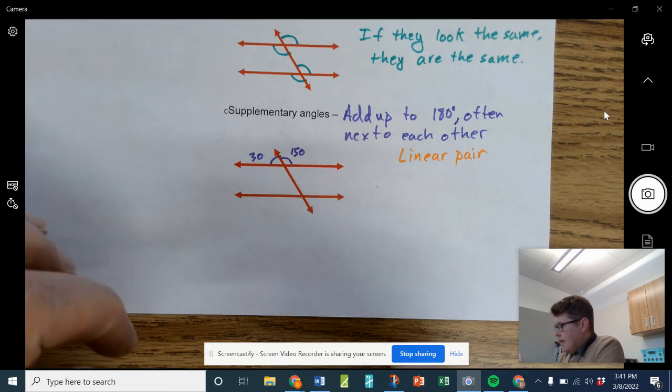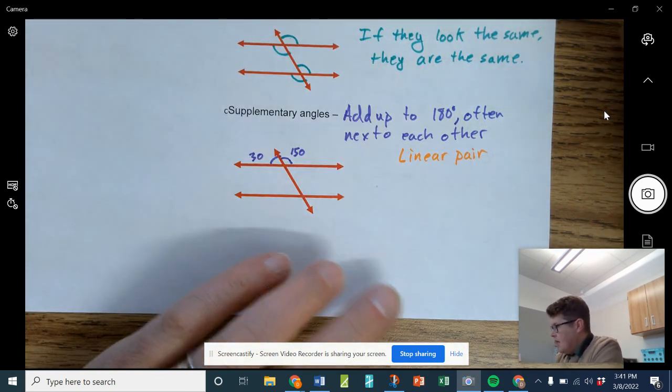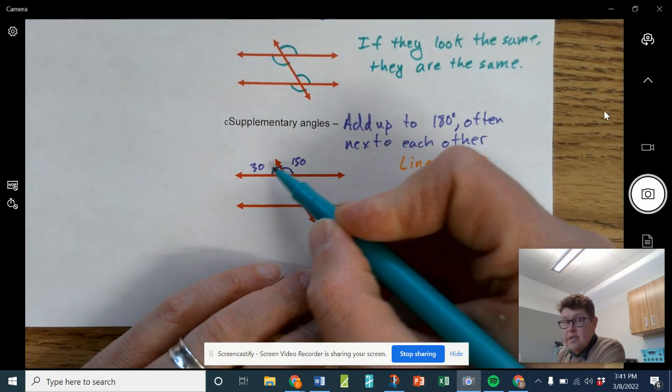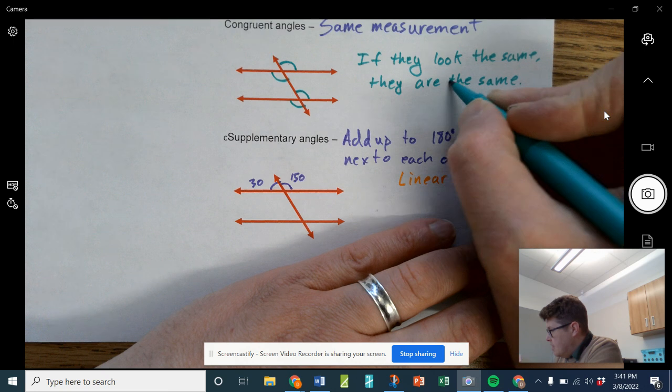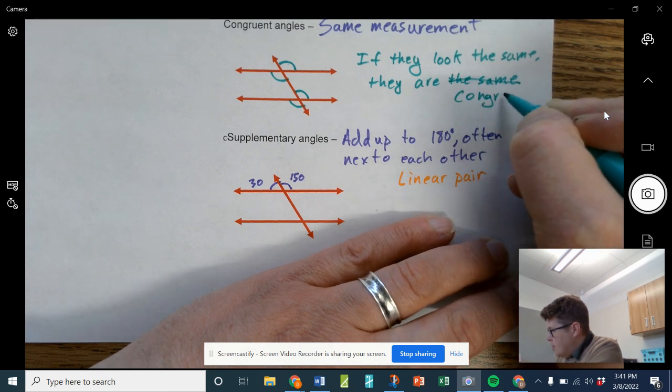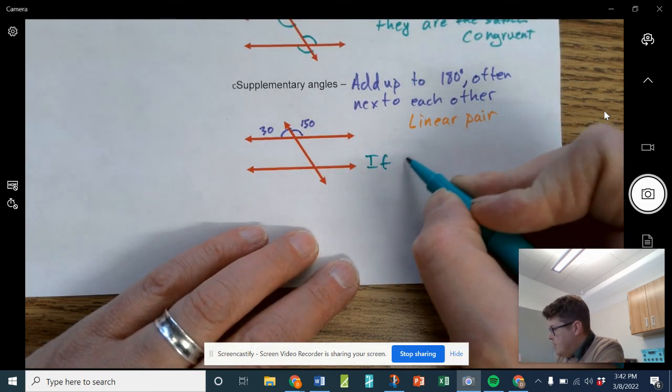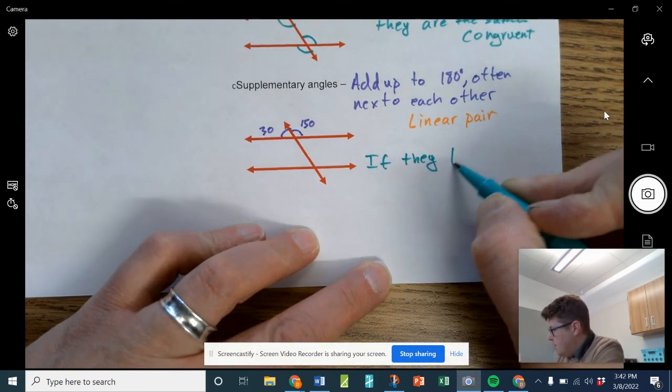And again, that same concept applies: if they look the same, they are the same. But if they look different, they're supplementary. And actually, let's say congruent up here. If they look the same, they are congruent. If they look different, they are supplementary.